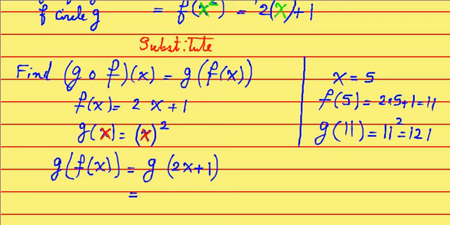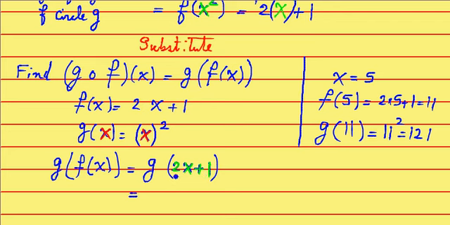Now, let me color the new parenthesis as well. The new input of g is this 2x plus 1. You're supposed to remove that red stuff, replace it by this green stuff.